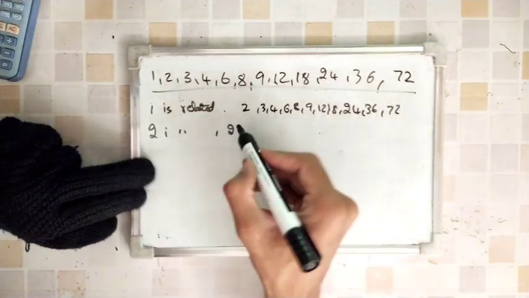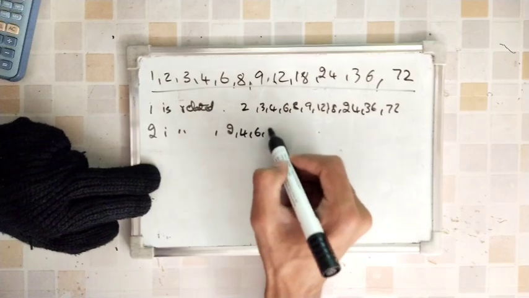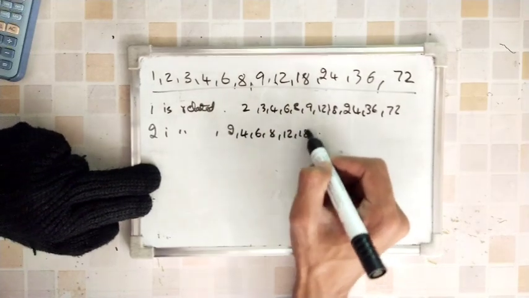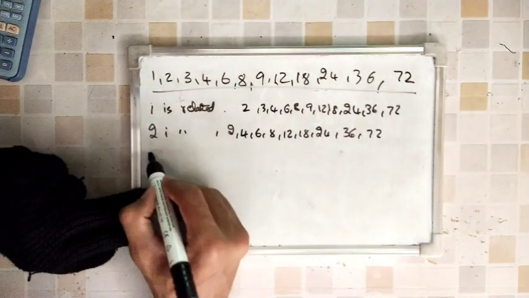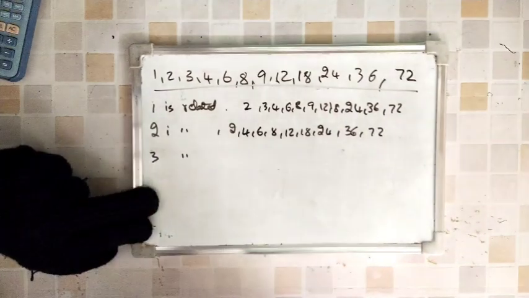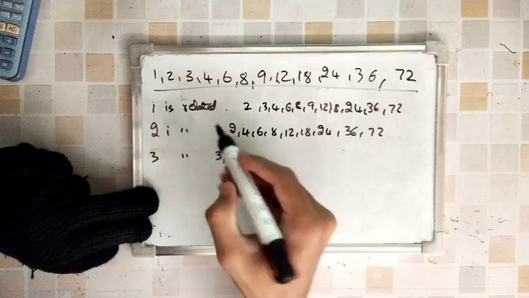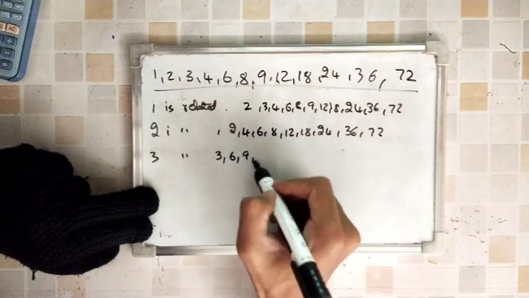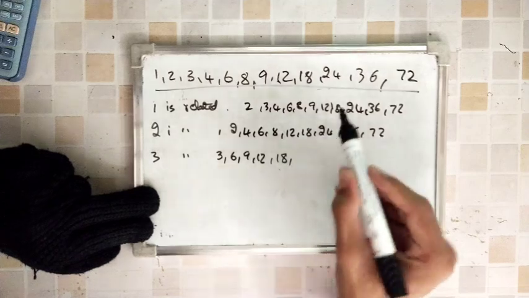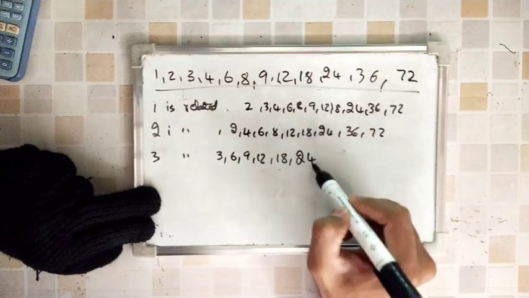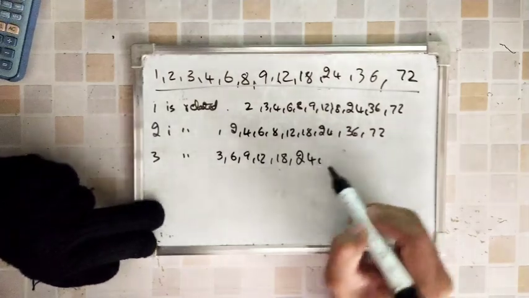only even numbers: 2, 4, 6, 8, 12, 18, 24, 36, 72. Then 3 is related to all the multiples of 3: 3, 6, 9, 12, 15, 18, yeah 18 also, then 21, 24 also, 36 also, 3 12s are 36, right?